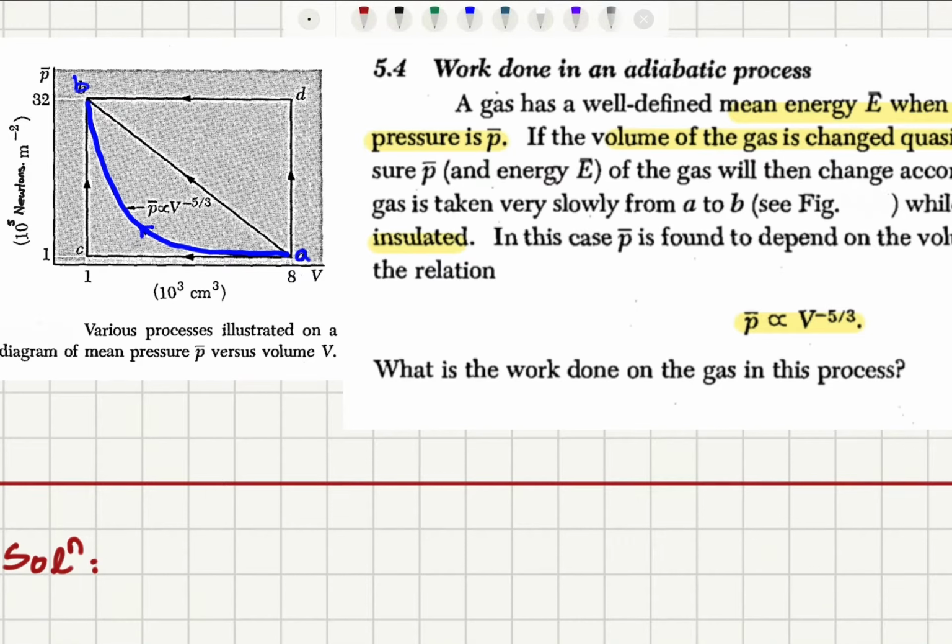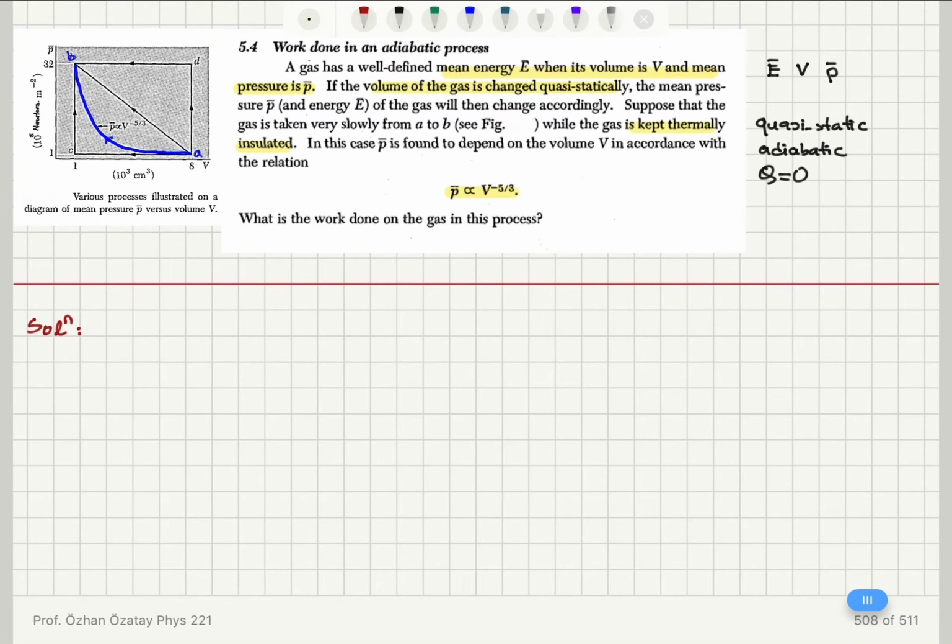And here the pressure is varying with volume as V to minus 5/3. So I noticed that since d bar Q is 0 because it's a quasi-static adiabatic process and the volume is decreasing, it's an adiabatic compression.